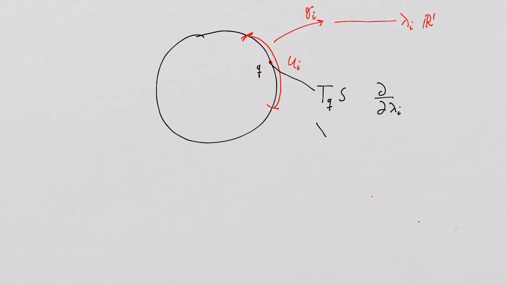Any vector will be expressible as x i del by del lambda i. So now we're building up this idea. We want our base space to be this manifold S1. So the base space is going to be S.